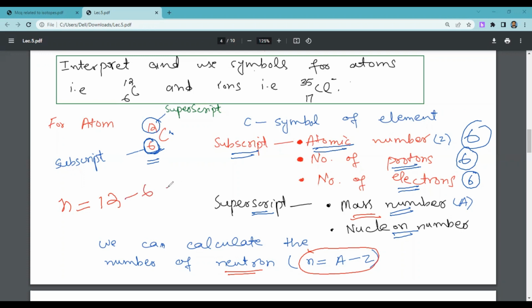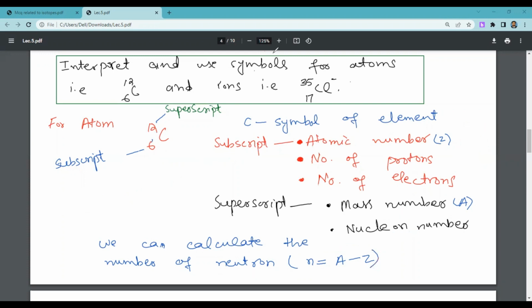Then the number of neutrons will also be 6. So all this information is shown to us by this symbol.